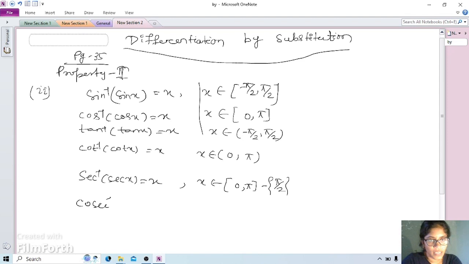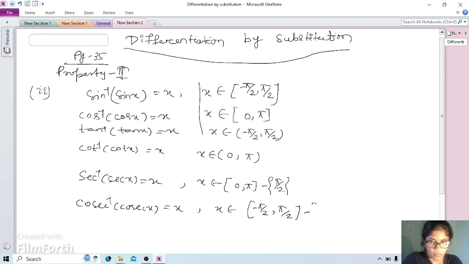And cosec inverse cosec x is equal to x, where x belongs to minus pi by 2 to pi by 2, minus 0. Because at pi by 2, sec of pi by 2 is infinity, which is not determined. That's why it is excluded.